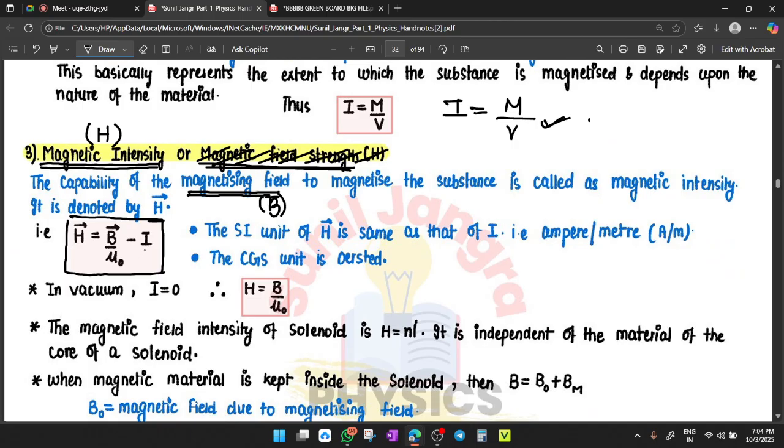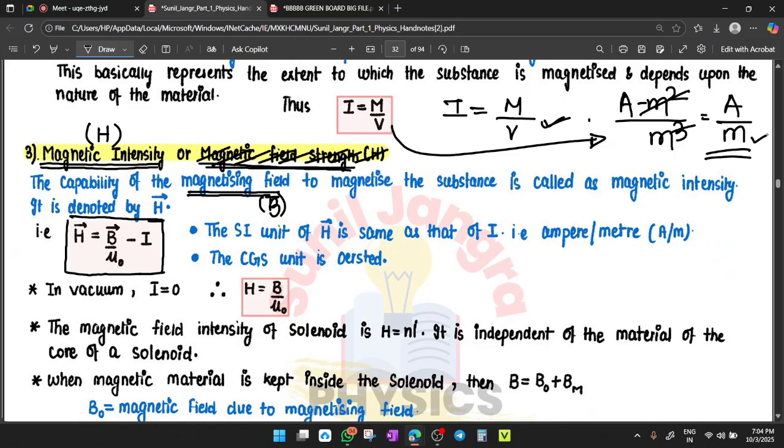Looking at I, M is the magnetic dipole moment with dimension ampere meter square, and V has dimension meter cube. Meter square cancels, giving ampere per meter. So write down the dimension of H, magnetizing intensity, is ampere per meter.